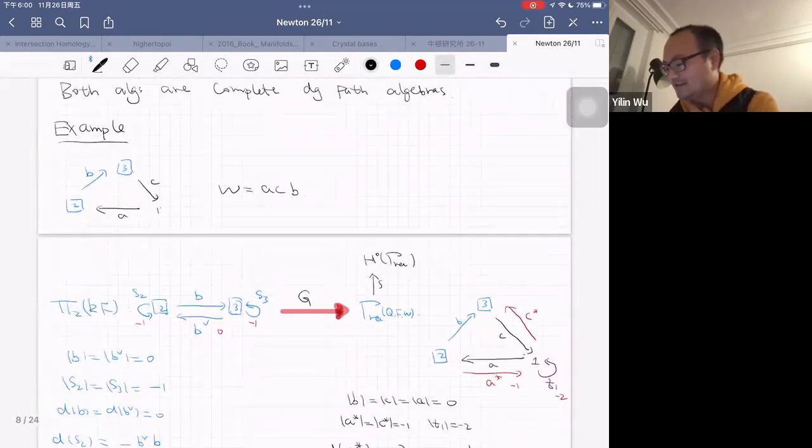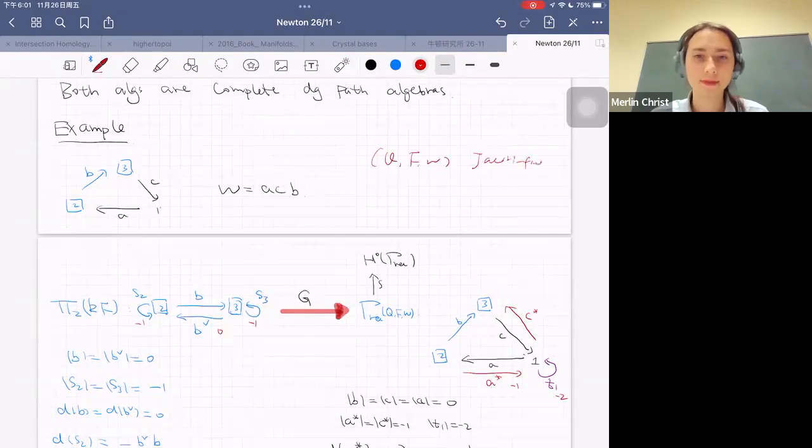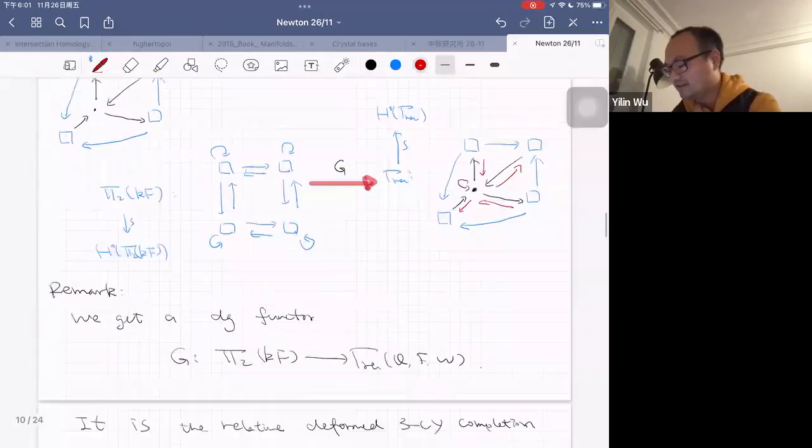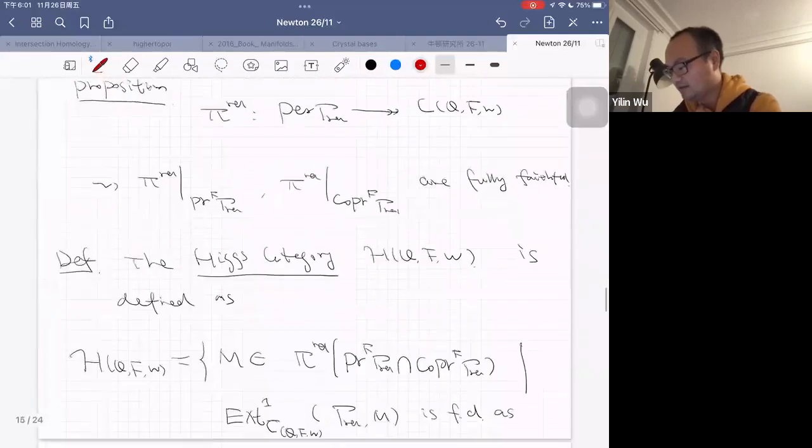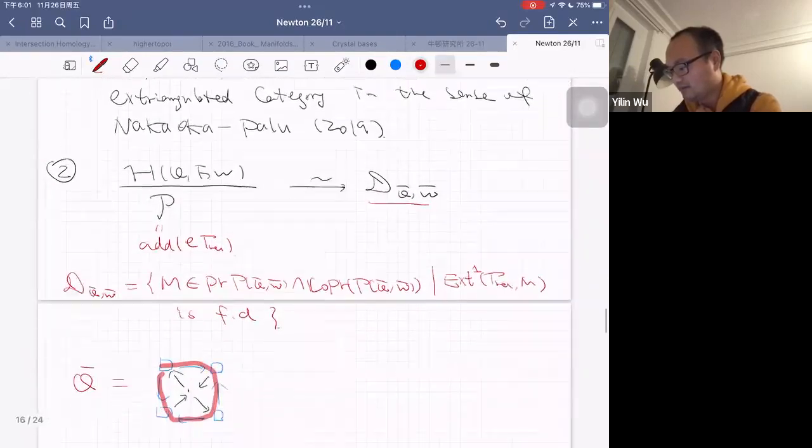If the quiver with potential is Jacobi-finite, then it is 2-Calabi-Yau. But in general, its stable category is just this category defined by Plamondon.